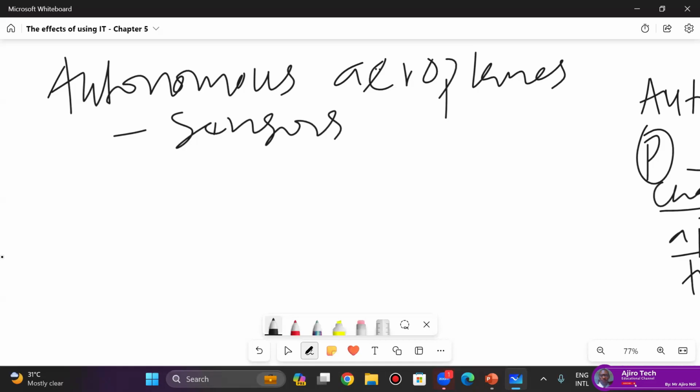Now, if we're going to talk about the advantages and disadvantages of autonomous airplanes, I'm just going to talk about one or two. For advantages, we have improvement in passengers' comfort because everything is properly being checked. It improves safety. Do you know? It's called DYK, right?